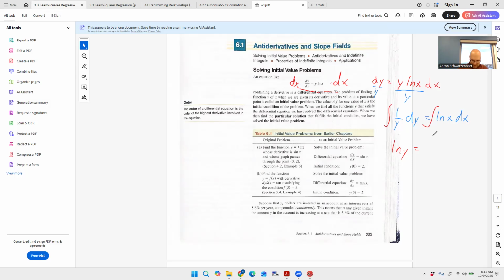I'm tempted to look it up. I don't remember what that integral is. No, I can do it faster than I can look it up at this point.